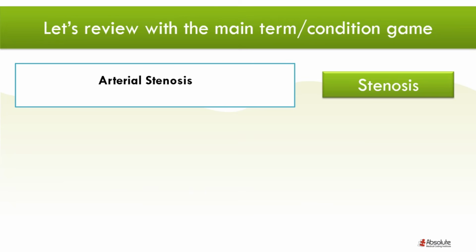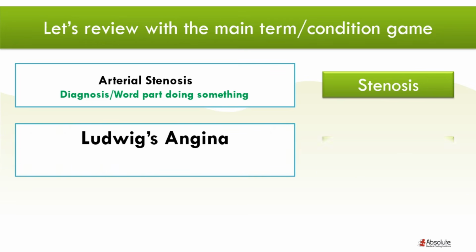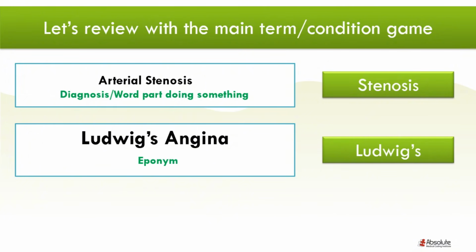But if you didn't know, you could have chosen the word part that is doing something. Your arterial, your artery, that is your body part. Okay? And finally, Ludwig's angina. Your main term, of course, is Ludwig's. You tell me why Ludwig's is your main term. It's your main term because it is an eponym.